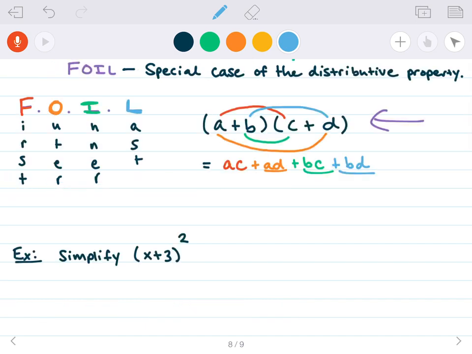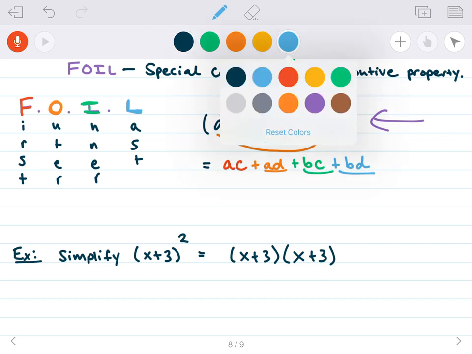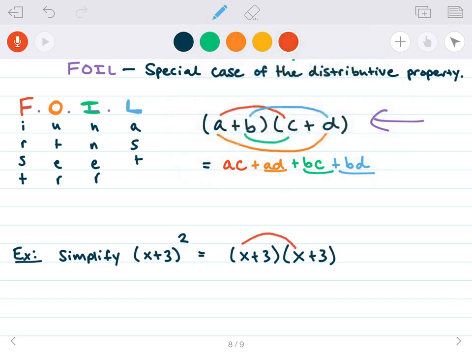So we have x plus 3 squared. Now anything squared means that you multiply it by itself twice. So this is the same thing as x plus 3 times x plus 3. Now I do FOIL. So first is going to be x times x. Okay.